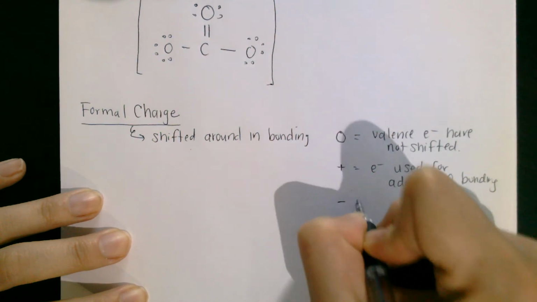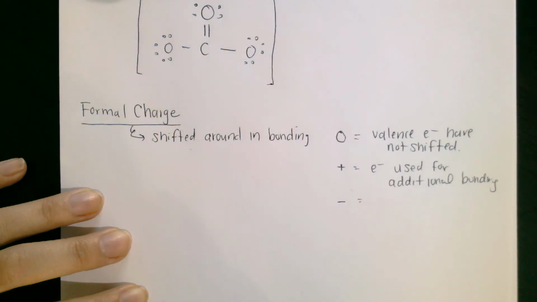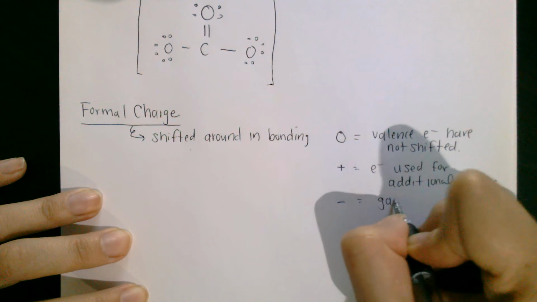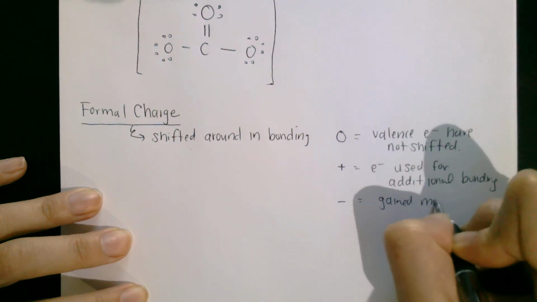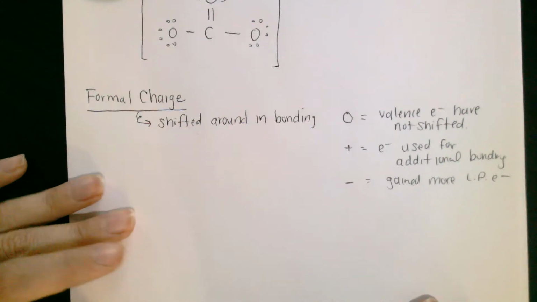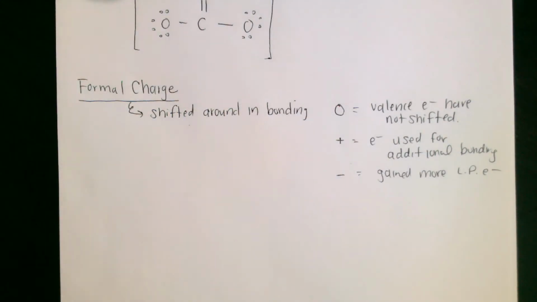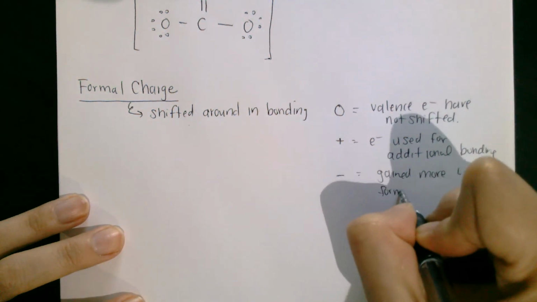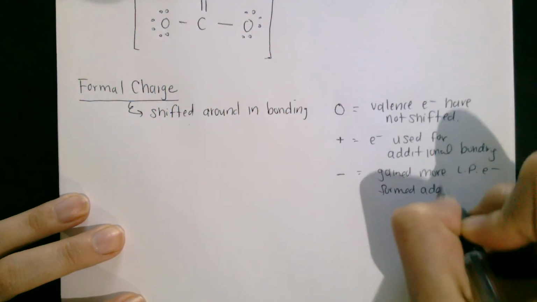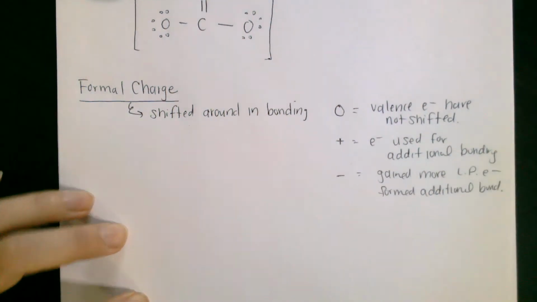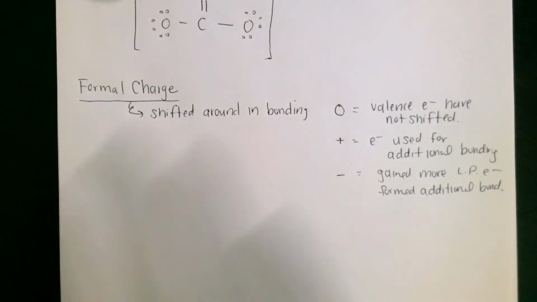And if you have a negative formal charge, that means you've gained, usually it's more lone pair electrons. Generally speaking, you've gained more lone pair electrons, or you've formed an additional bond, or formed additional bonding.